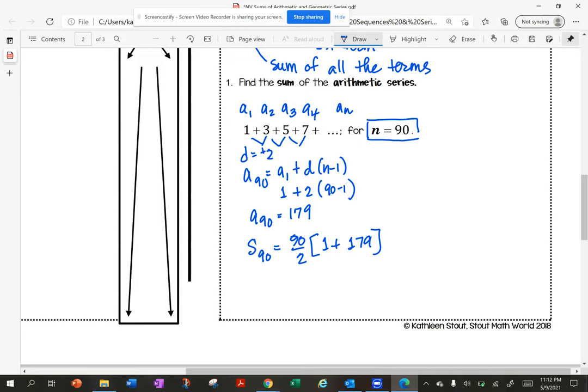So 180 times 90 divided by 2. So the sum of my 90 terms is 8,100.